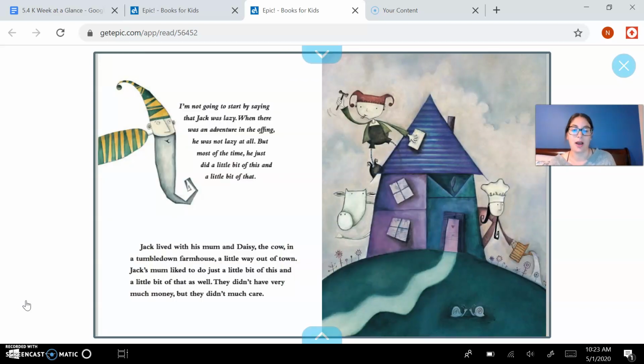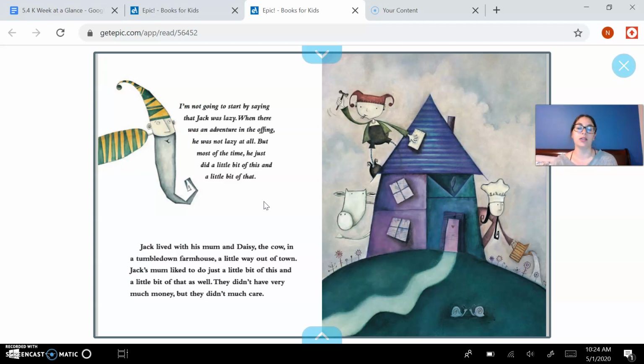We're talking about the character. What is his name? And you draw a picture of him and you can write some words about him. Some words that kind of describe him. And then tomorrow we'll finish the book and you can add words to your picture tomorrow.